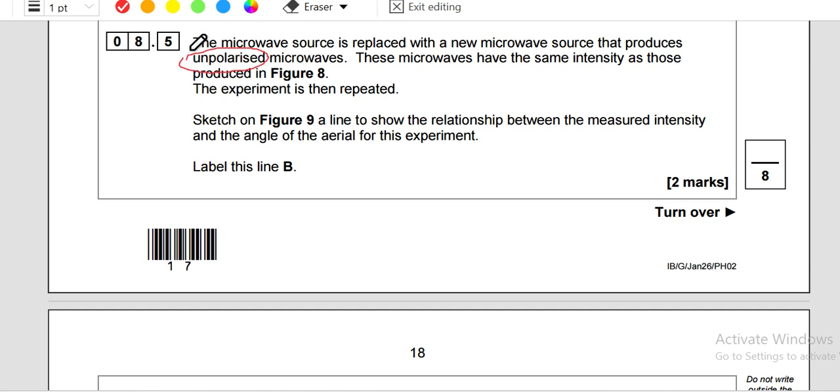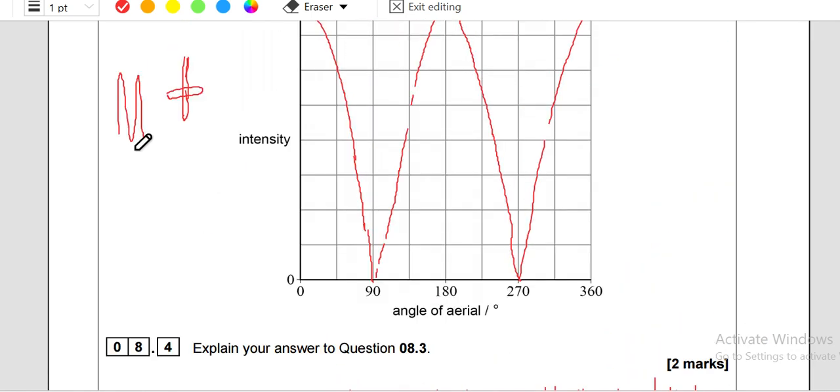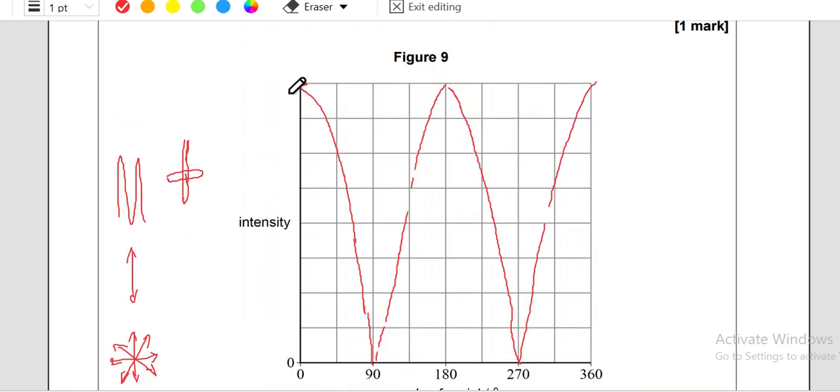So whatever the angle between the aerial and the source, we will have intensity. But as the plane of the microwave is not only vertical, it is unpolarized, so it is in all directions, we expect that the intensity is not maximum, but the average.